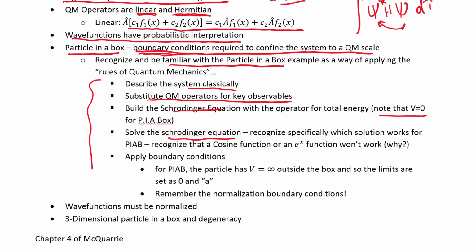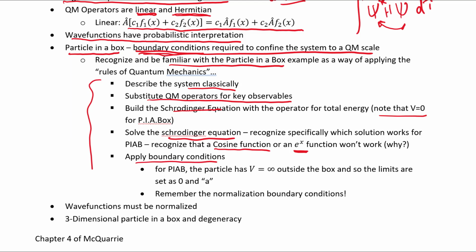There's a couple of possible solutions. The cosine function solution or an exponential function solution won't work, and so we definitely need the sine function, because sine of x is 0 at x equal to 0. That's the key for the solution to this particular problem.